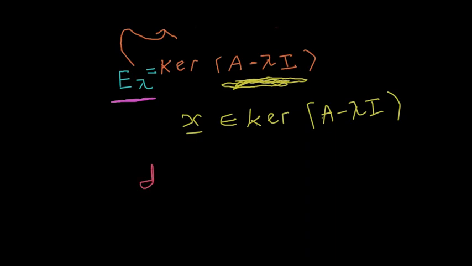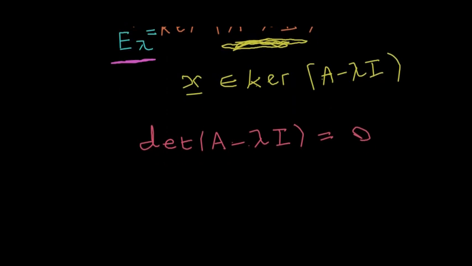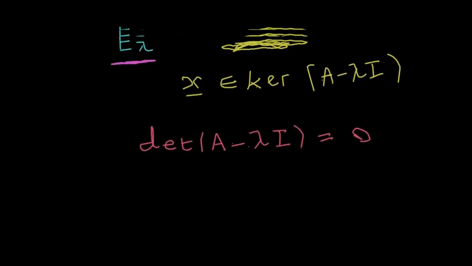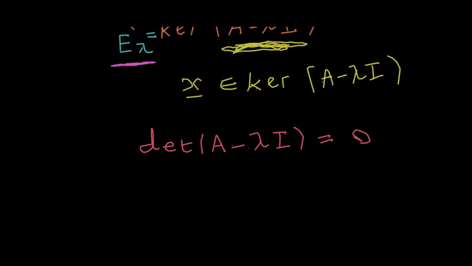So one really good and optimal way to find the eigenvalues is to consider when the determinant of this matrix is 0. For what lambda is the determinant 0? So for what lambda is the kernel of this matrix non-trivial? Remember, non-trivial just means it has other stuff in it apart from 0.